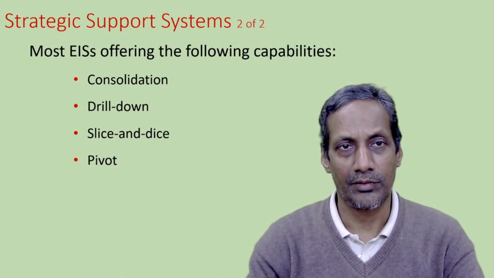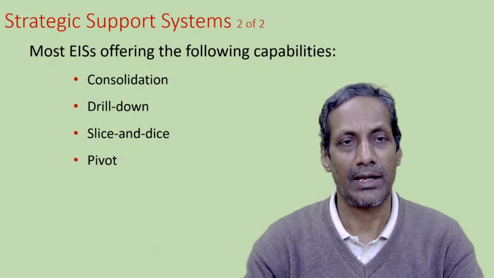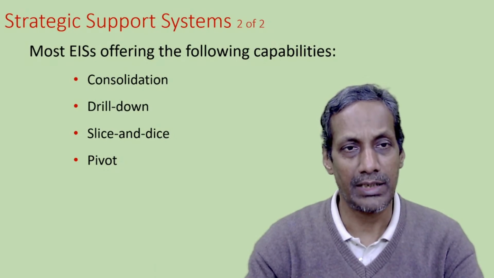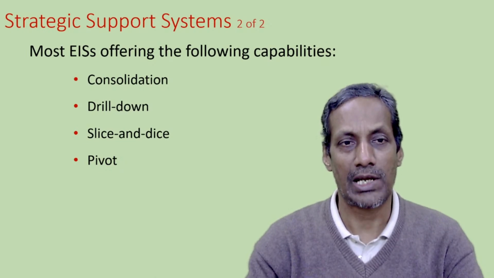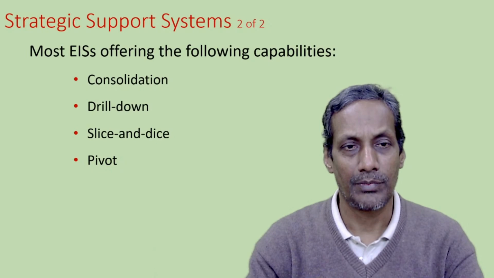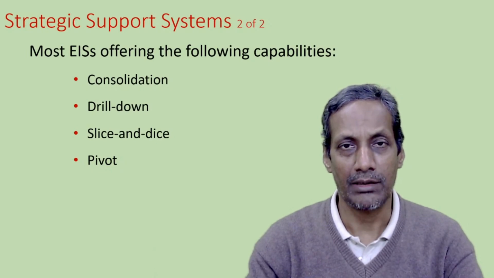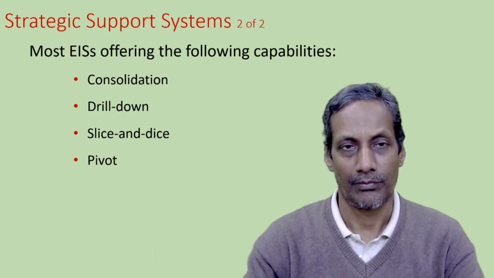Most executive information systems offer many capabilities: they help managers to consolidate the data, to drill down into the data, to slice and dice the data, and to use the power of pivoting to generate customized and ad hoc reports.